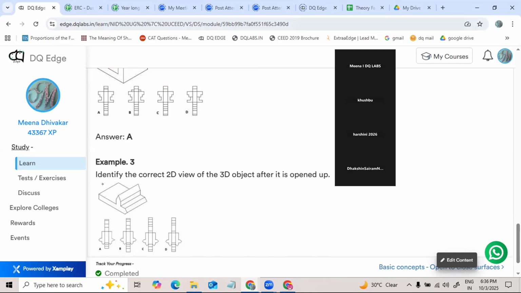First check the side views. What about the side views of this picture actually?